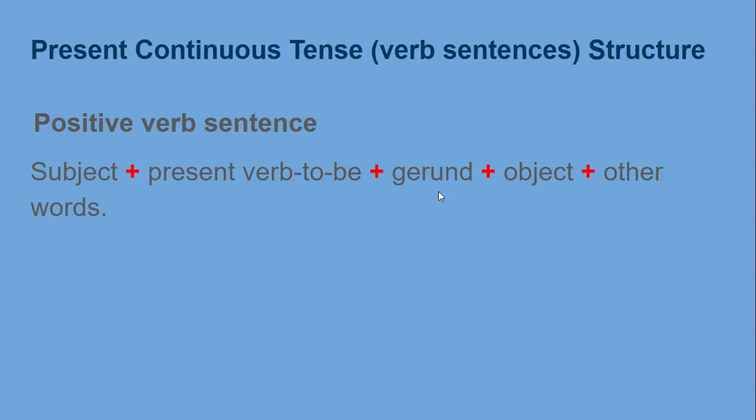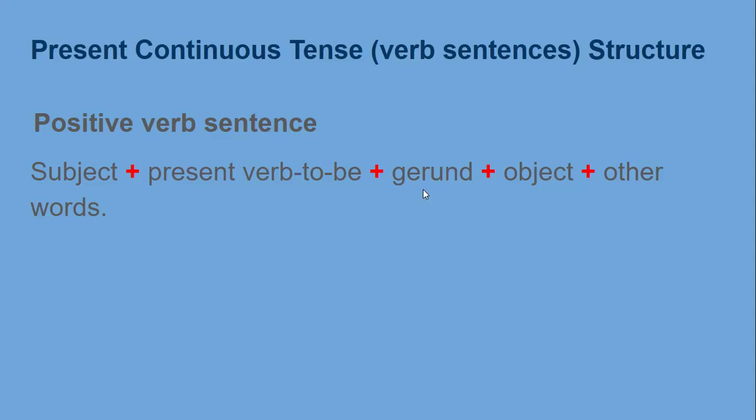After that, you need a gerund. Now, a gerund, right, is just a verb that ends with ing. So it's a real, actual verb in the infinitive form plus ing. For example, kick becomes kicking. I've just added ing. So that's a gerund, right? A gerund is a verb that ends with ing.